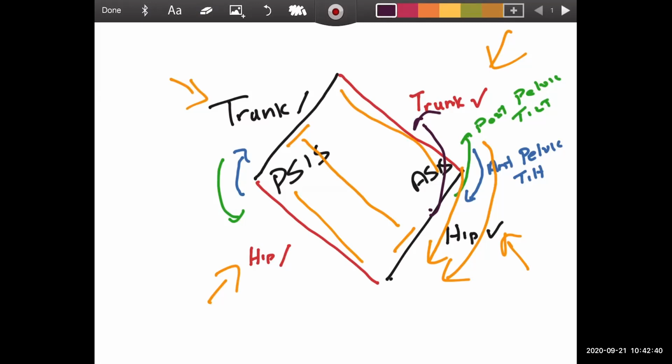So I'm stuck in posterior pelvic tilt, which almost never happens. Trunk flexors and hip extensors, good, right? And so that means the opposite two are going to be stretch weak or stretched out. So those are the ones we're going to strengthen along the way. Does that make sense?